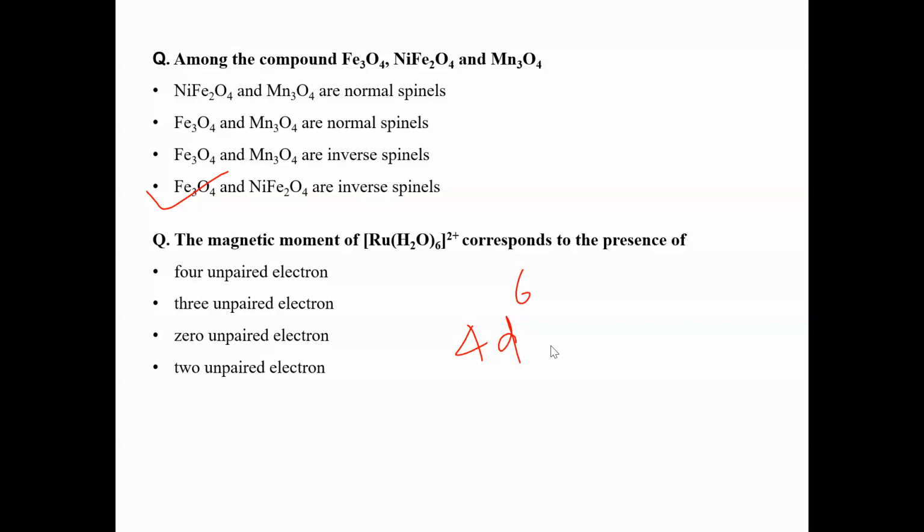So the 4d transition series exhibits low spin complexes, even with weak ligands also. Okay, so the water here will behave as a strong ligand and will pair up the electrons, right? So this complex will be having zero unpaired electrons because it is a 4d transition series metal atom.